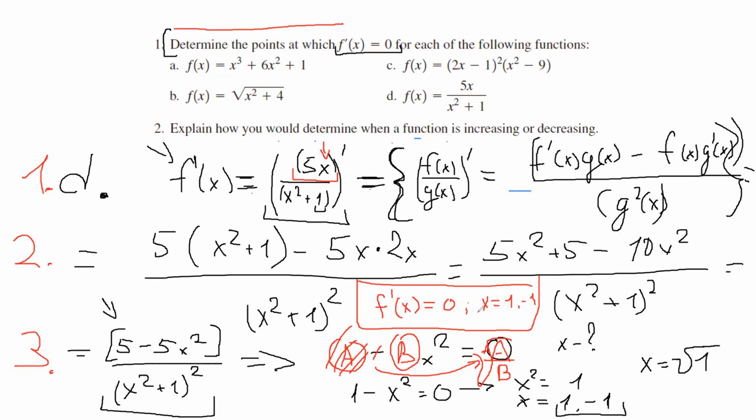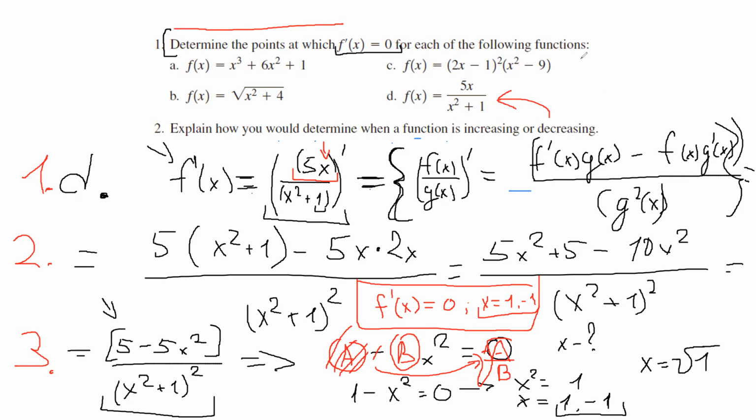So we know only one coordinate now. We only know the x of these points, and now we need to find the y value. How do we find it? We simply stick this x value into the function.